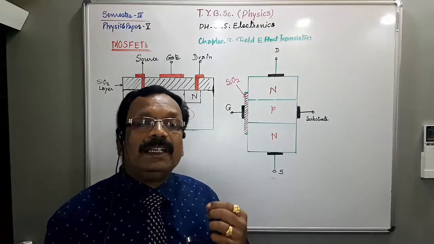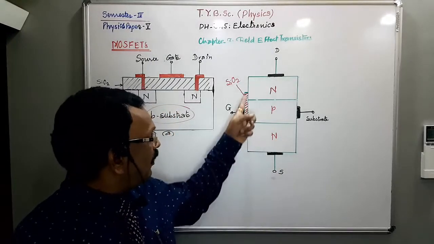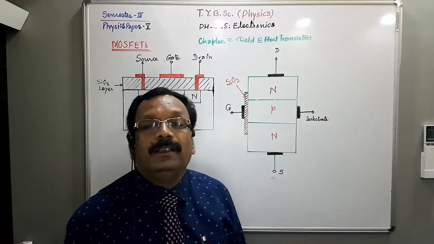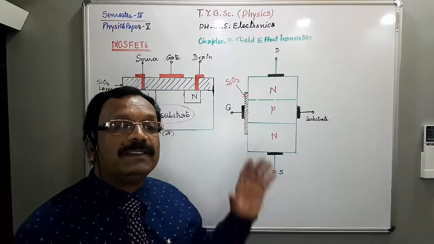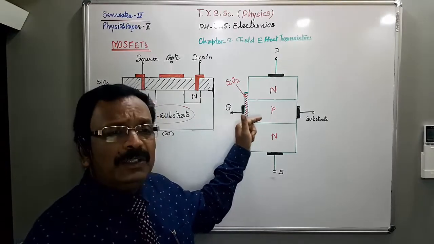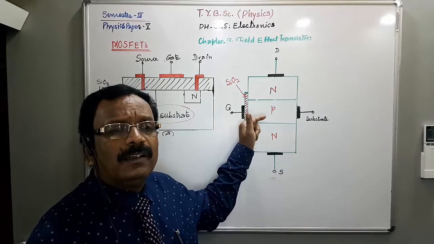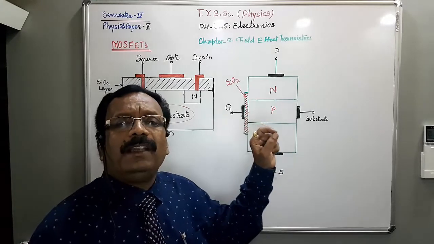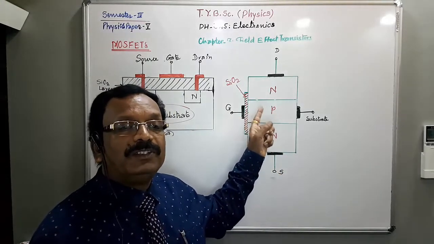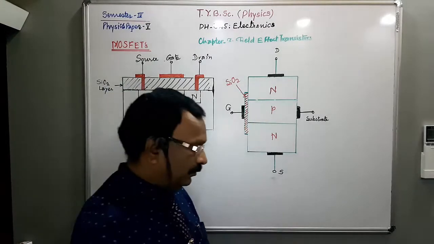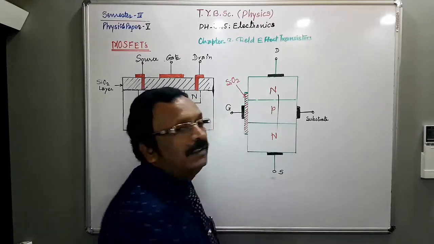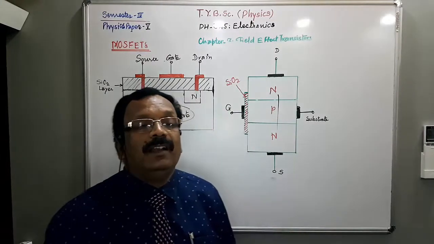A thin layer of silicon dioxide, shown by these red lines, is then grown over the surface and holes are cut into the dioxide layer through which metal aluminum contacts for the source and drain are made.